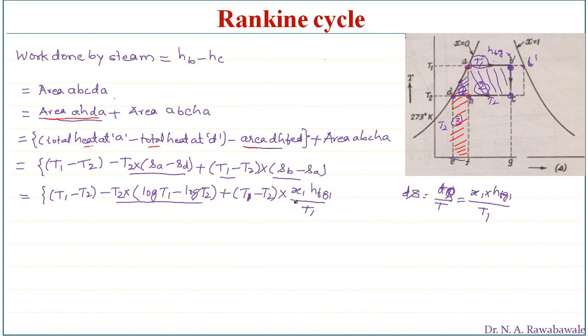On further simplification we can write it like this: bracket T1 minus T2 minus T2 into log T1 minus log T2, which can be written as log T1 divided by T2, using the logarithmic law.